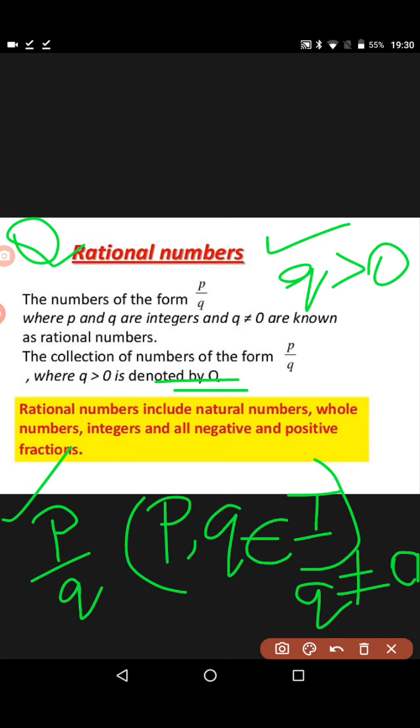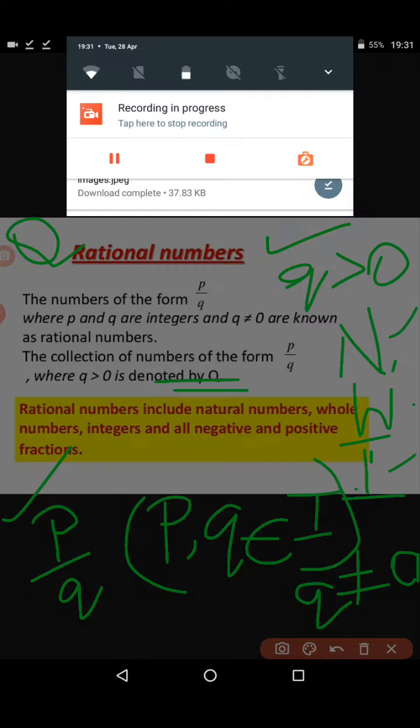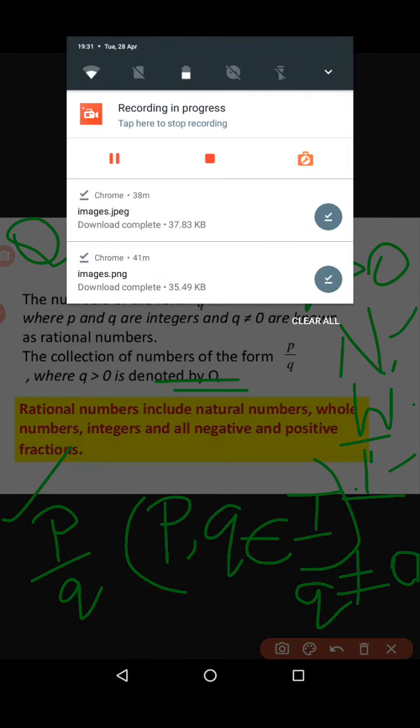Rational numbers include natural numbers, capital N, whole numbers, capital W, integers, capital I or capital Z, and positive fractions. So we are using fractions also here. That's why I have introduced the terms natural numbers, whole numbers, integers to you once again. Hope you understood it. We'll move on to the other part.